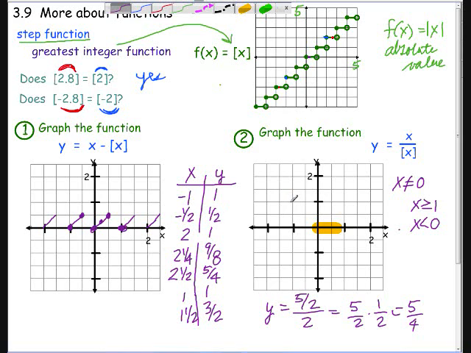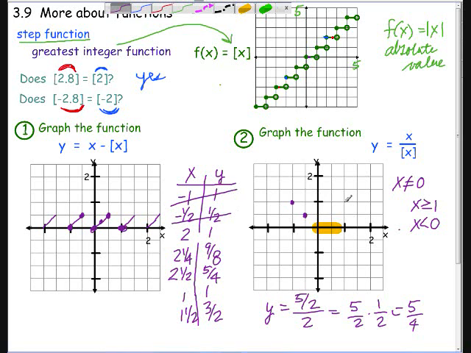Okay, negative 1 and a positive 1. So I've got 1 point right here. And then negative 1/2 and a positive 1/2. So I've got a point right here. And now I know that I don't have anything for a bit. Then at x equals 1, we've done that and that. We'll go down here.